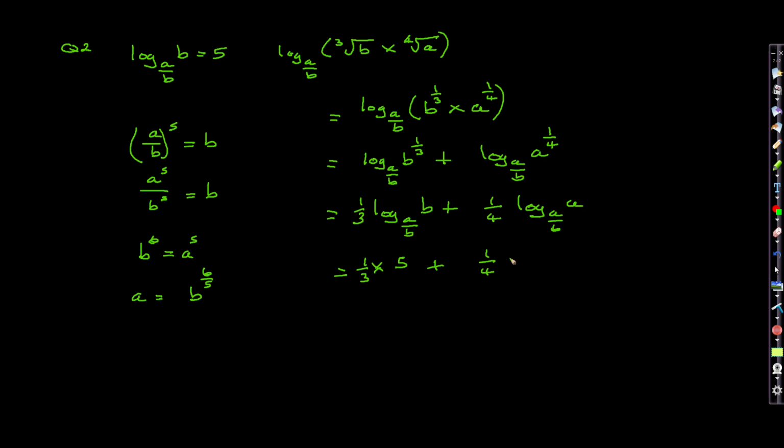Okay, and in place, so log base A over B, and A is equal to b to the power of 6/5. Well, this here is going to become 5/3. Now, what can we do with this here?